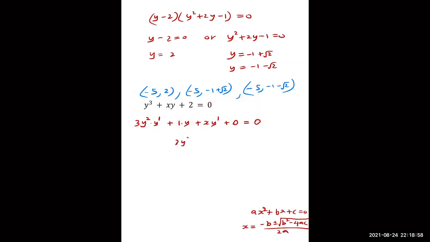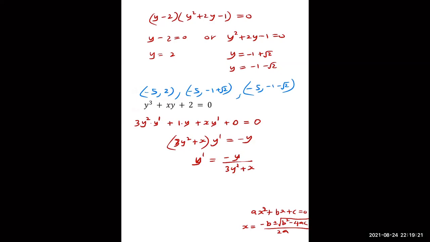Then you get 3y squared plus x times y prime is equal to minus y. That will give you y prime is equal to minus y divided by 3y squared plus x. That is your dy over dx.